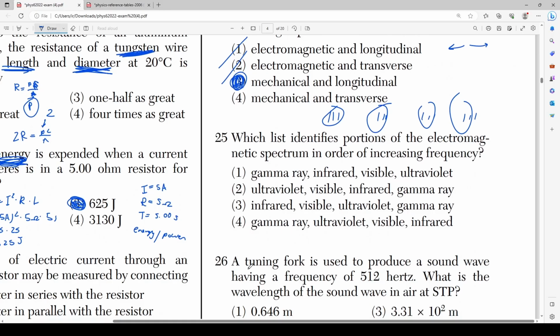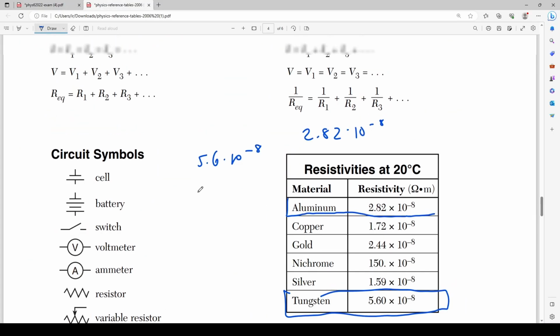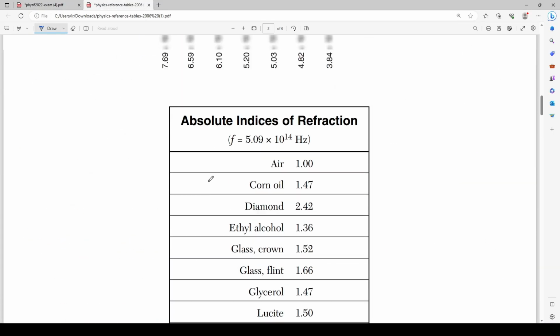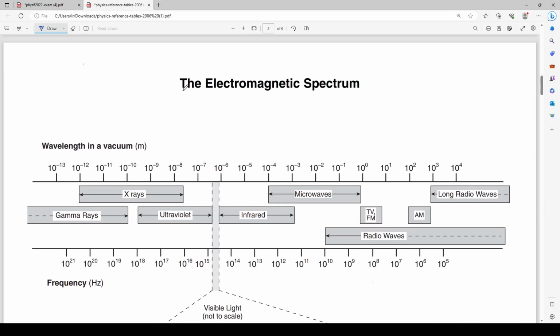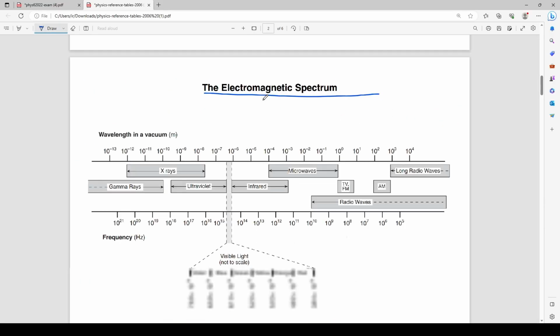Right, so 25 says which list defines portions of the electromagnetic spectrum in order of increasing frequency. You may be worrying, oh no, I don't know my electromagnetic spectrum. Guess what? It's on your reference table. If you scroll up, boom, electromagnetic spectrum, and anything to your left is going to be high frequency, low lambda.